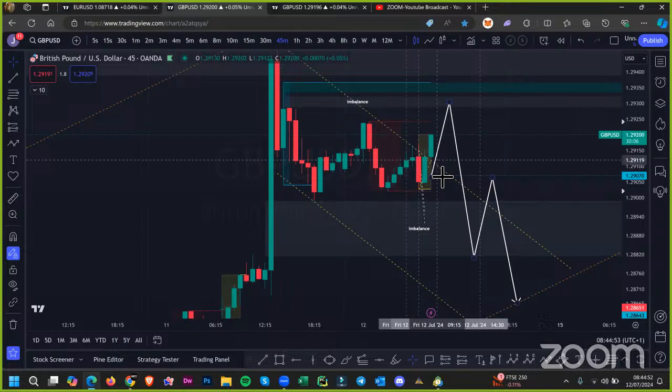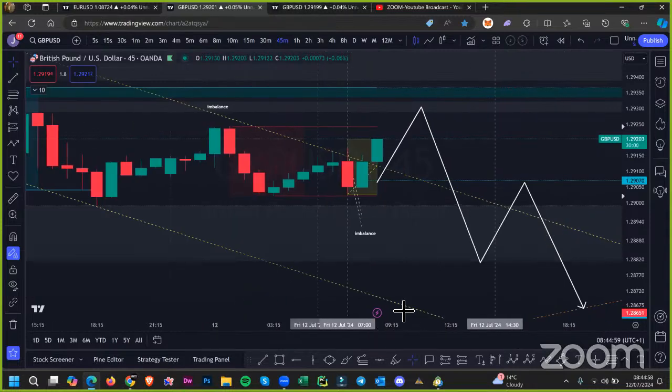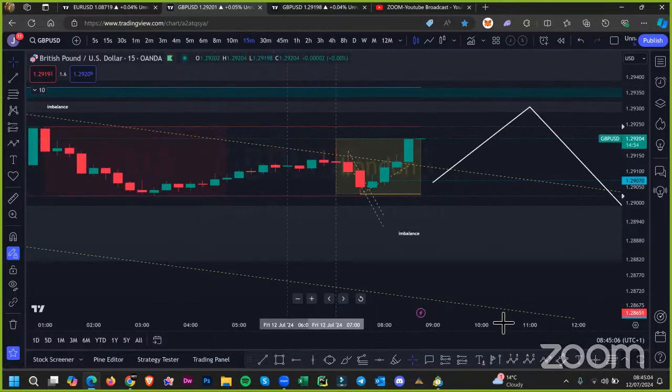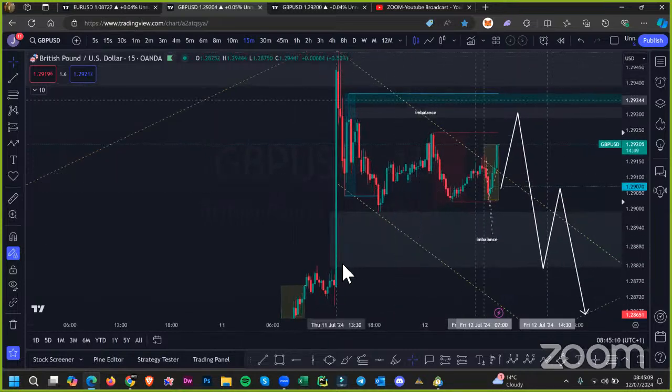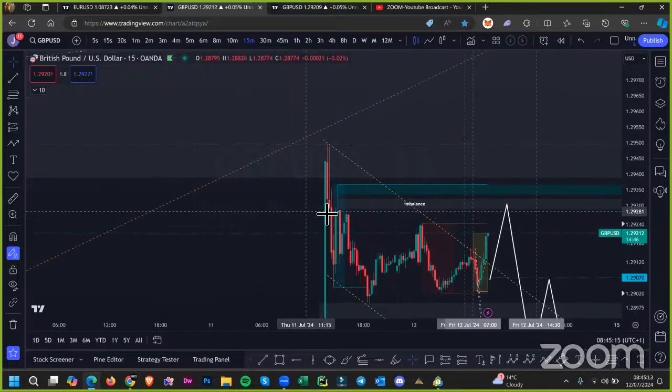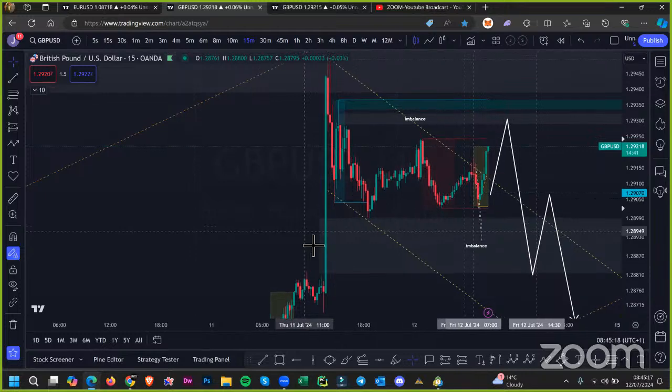As you can see, I've drawn in these paths. Let's knuckle down. On a 15-minute time frame, we can see this market had this huge push up here, which is CPI, exactly what we broke down yesterday of what the market would do.